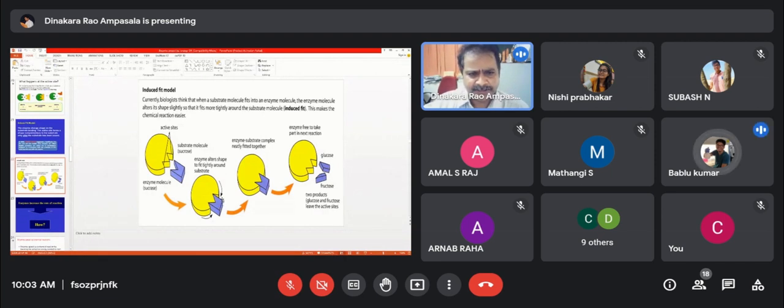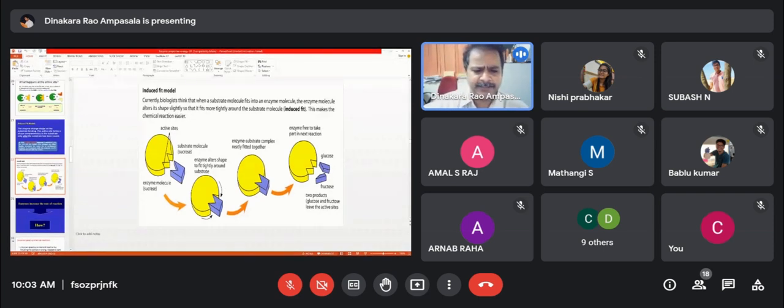Say, for example, the enzyme is like an open molecule.